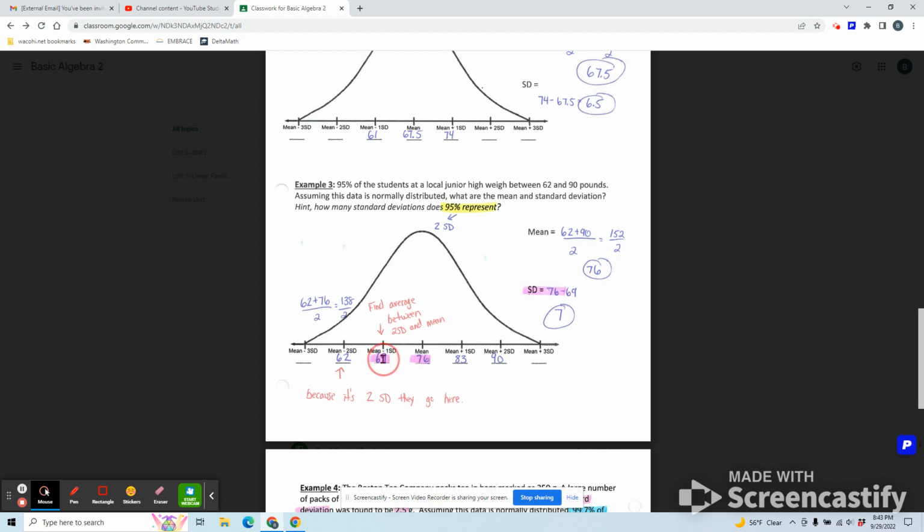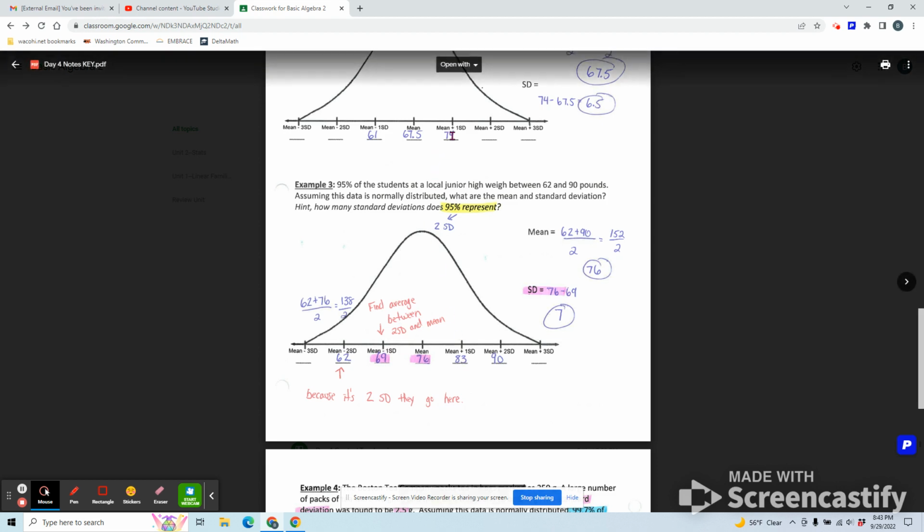I'm finding the middle number of 62 and 76. I'm finding the average, if you want to think of that. It's the same thing because it's all symmetrical. Your mean, your median, your mode are all the same. That's why this works. So I find that number, and that's 69, or on the other side, it's 83. It doesn't matter which one.